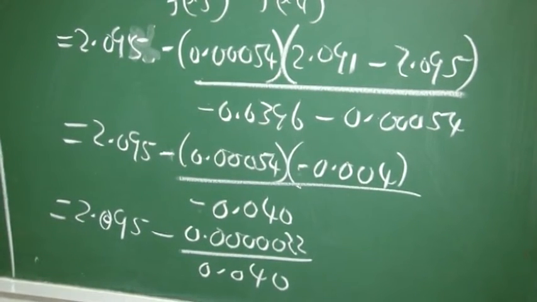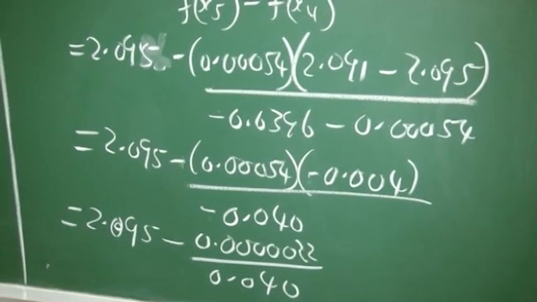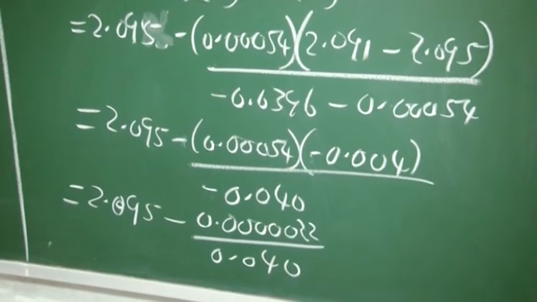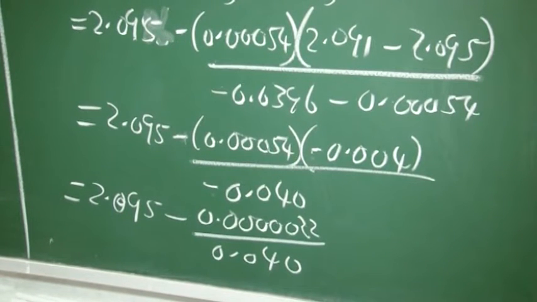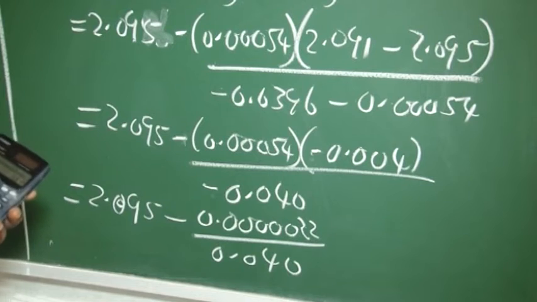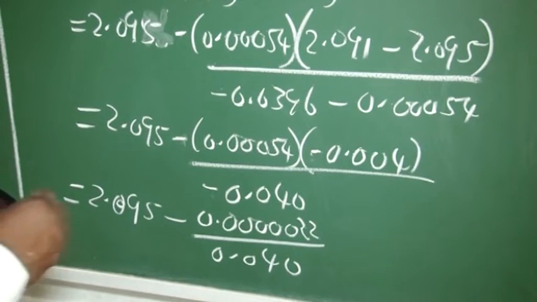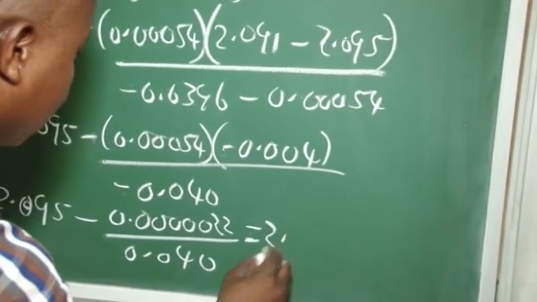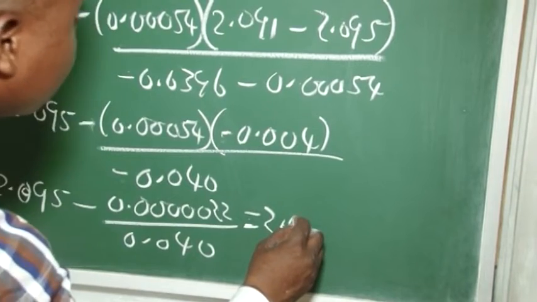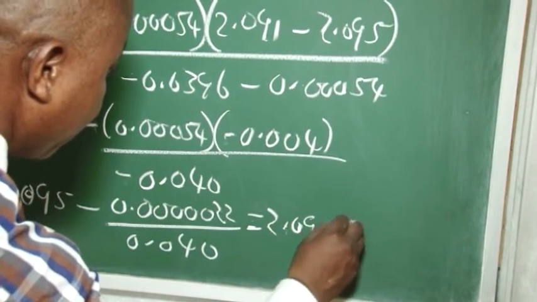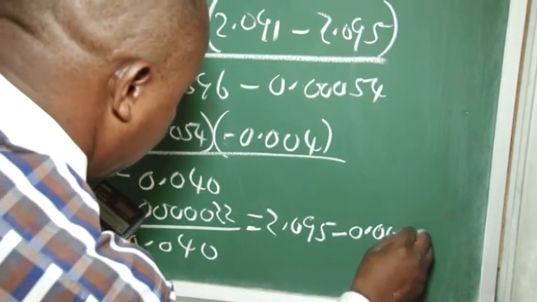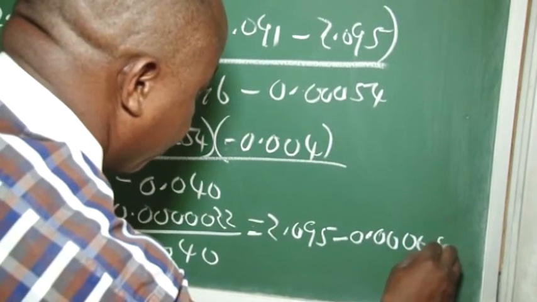Now if you look at this, 0.0000222 divided by 0.040 will give us 0.00005.